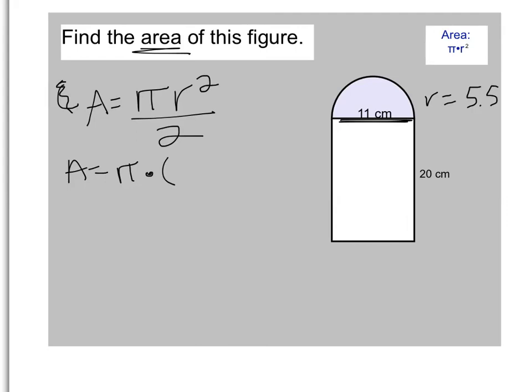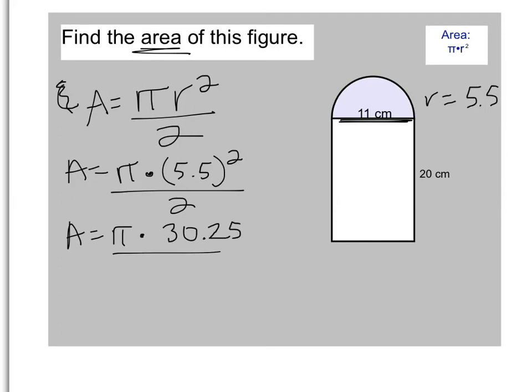So pi times 5.5 squared divided by 2. So that gives me area is pi times 30.25 divided by 2. And when I put that in my calculator, I get 47.5. That is just the area of my semicircle. Draw a little picture so I don't forget. Centimeters squared.